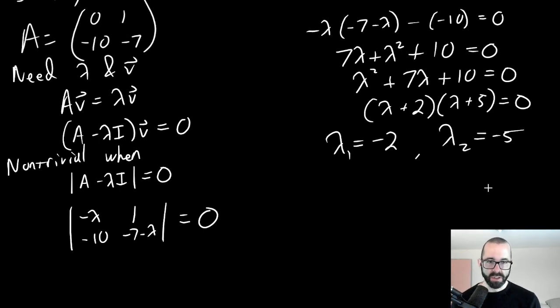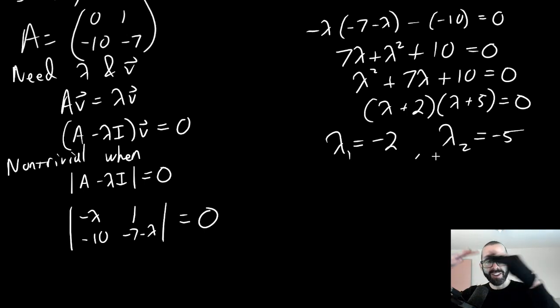And we need to find the corresponding eigenvectors. Also, note that both of these eigenvalues are negative, and they're distinct. That means we're going to have two straight line solutions that are both going towards the origin. I almost said stable equilibrium. We haven't talked about that yet.